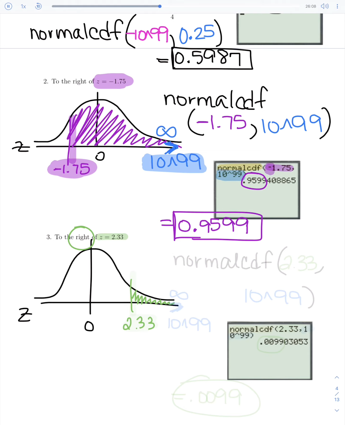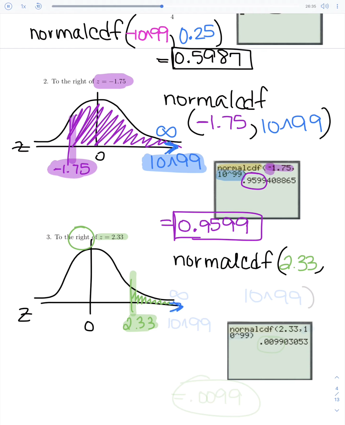So again, we've got our Z's, so we'll use a normal CDF again. Now, just like the last one, we have a start value. Reading this from left to right, the area does start here at positive 2.33 this time. It starts at a positive value. Comma, the problem, just like the last one, is it doesn't have an ending value.